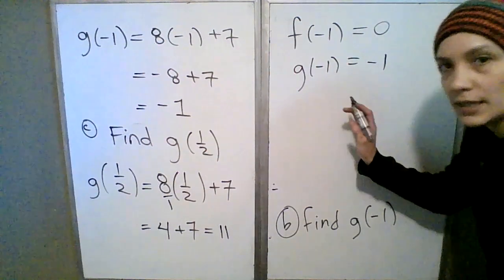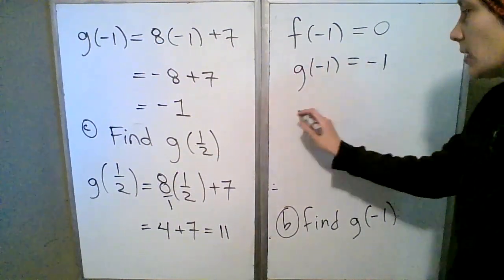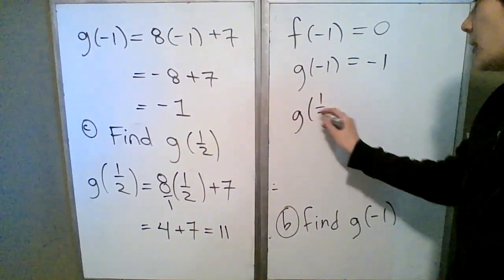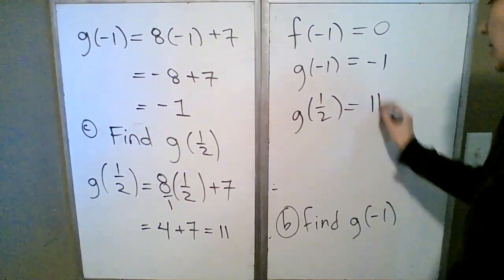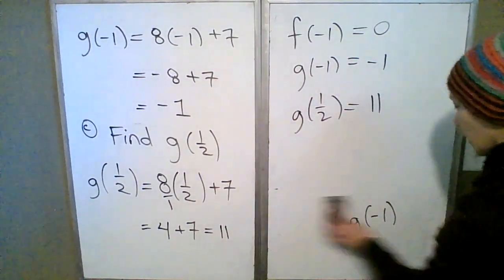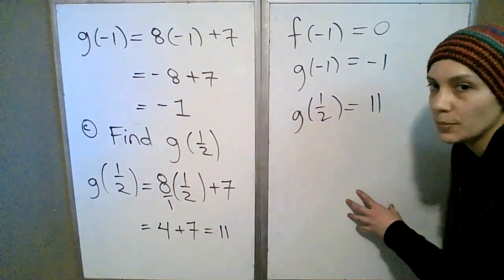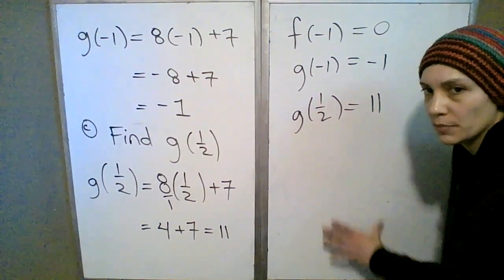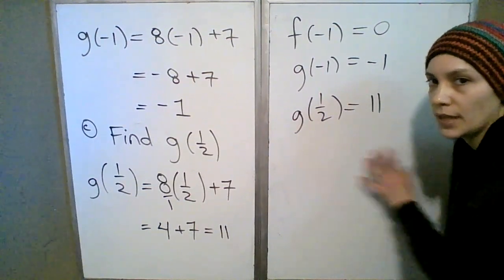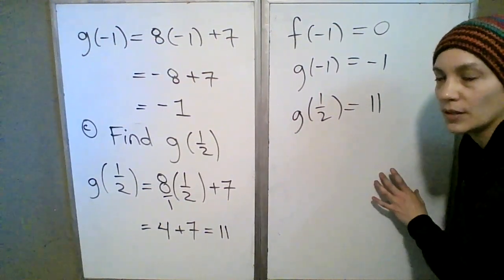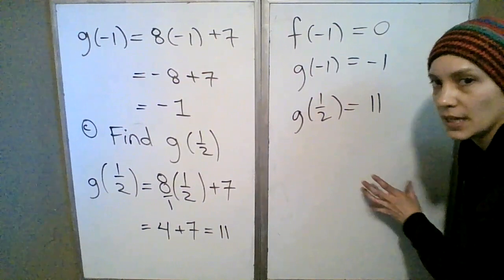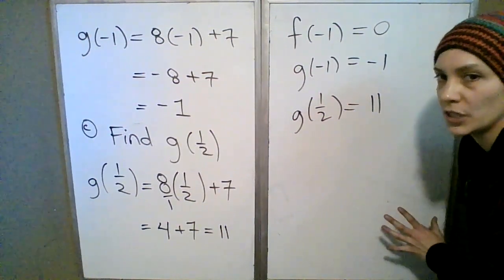And then we put 1/2 through the function g, or g of 1/2, and got 11. Since they're not the same function, they have 2 different pictures. There's an input, output, or domain and codomain for the function f, and there's another one for the function g.